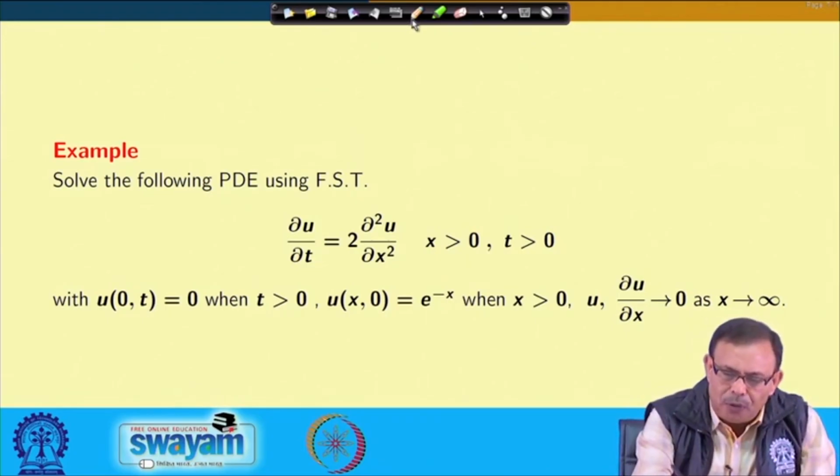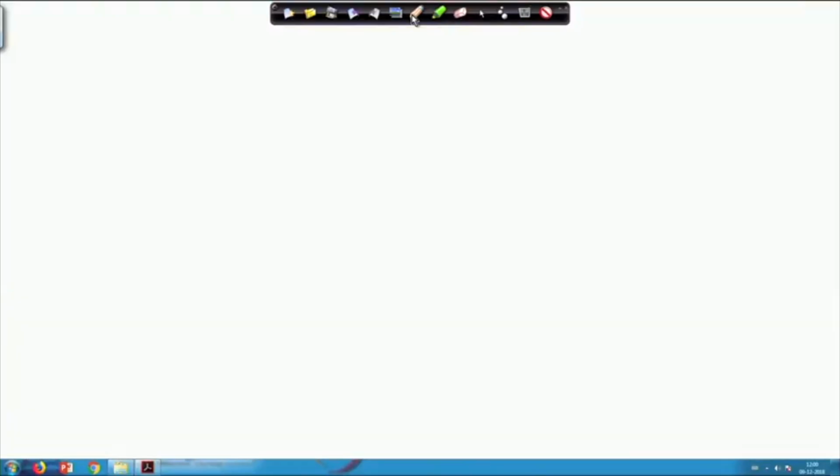So, what we are doing, your equation is given as del u del t, this is a special case, 2 into del 2 u del x square. Now, you apply Fourier sine transform with respect to x.